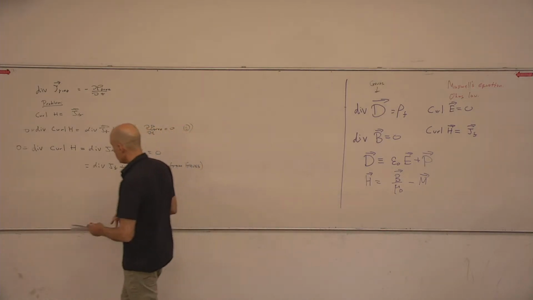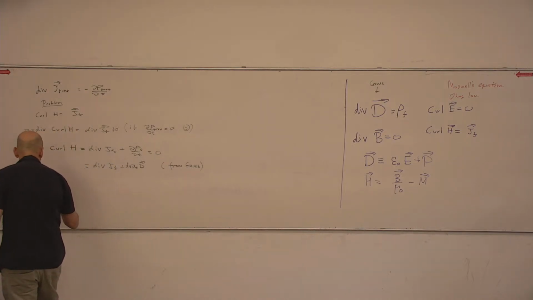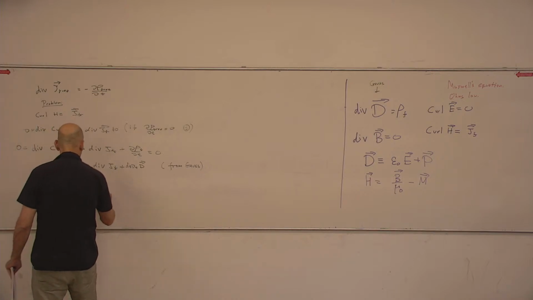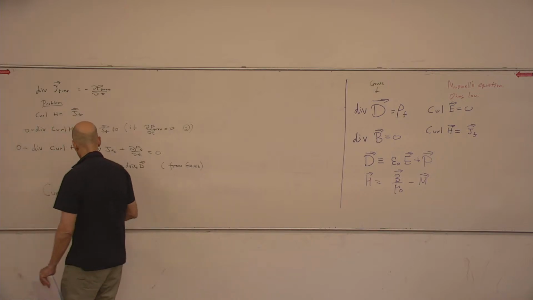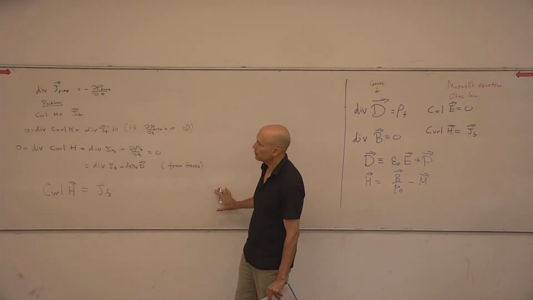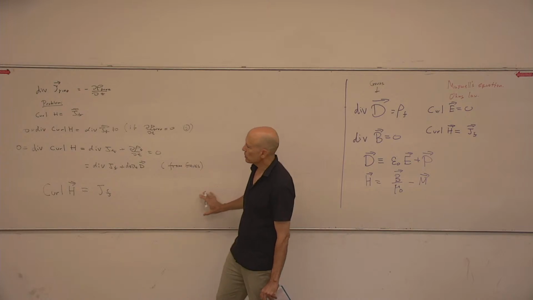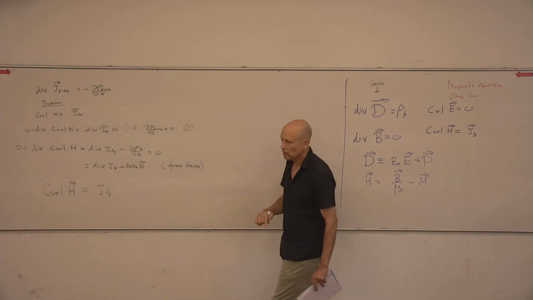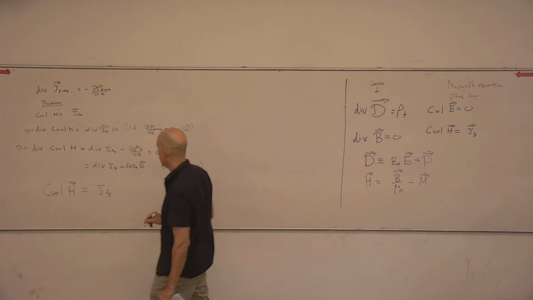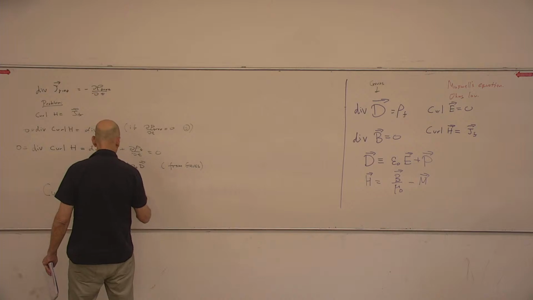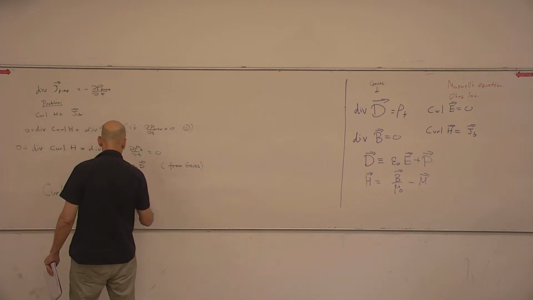So what we get is that curl H is equal to J_free. We know that it cannot have plus some constant, because we know that this is true without a constant for the static case. So there's no issue with a constant. Plus ∂D/∂t.